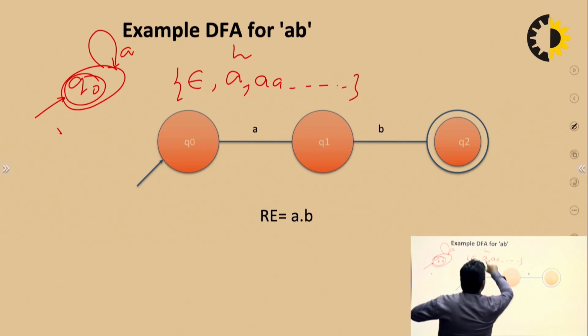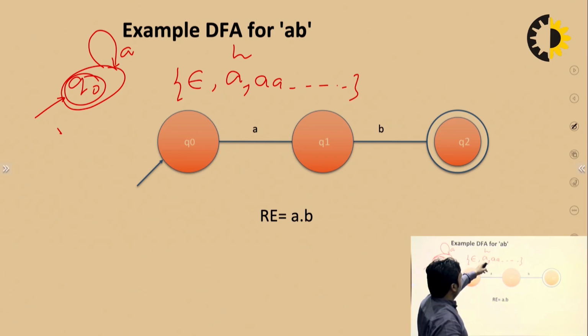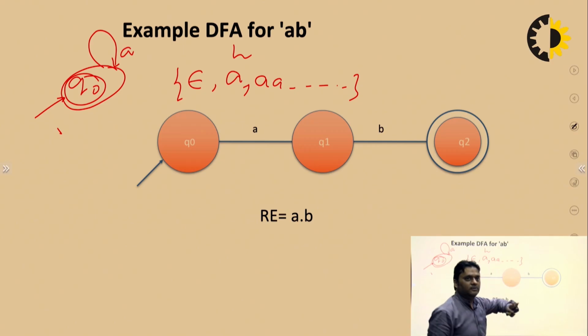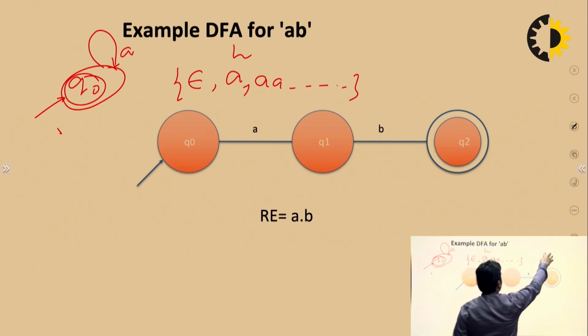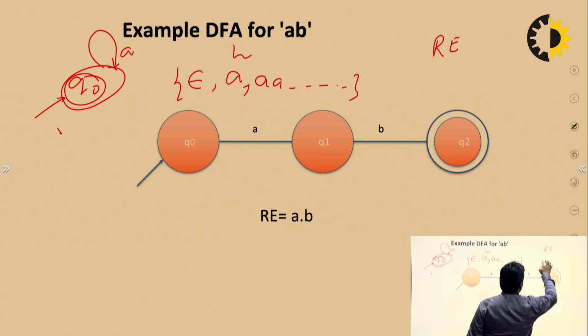So the language of this finite automata is epsilon, A, and so on, and for the regular expression of this, we write A star.